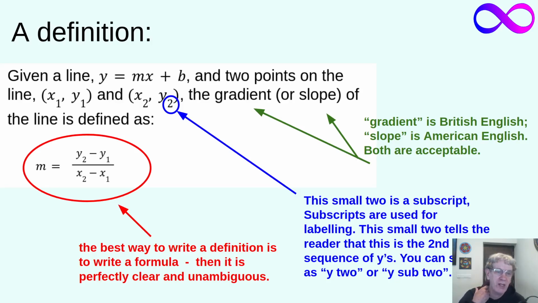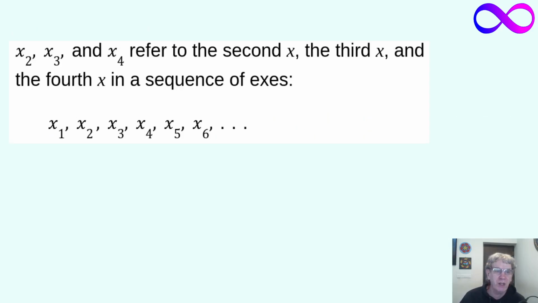Sometimes we say y sub 2 to make it very clear that it's a subscript, but many people will just call this y2, all right? Now that's important because you need to know that x2, x3, and x4, or x sub 2, x sub 3, and x sub 4, refer to the second x, the third x, and the fourth x in a sequence of x's. So there you see a list of x's, and the subscripts are used to label the x's.